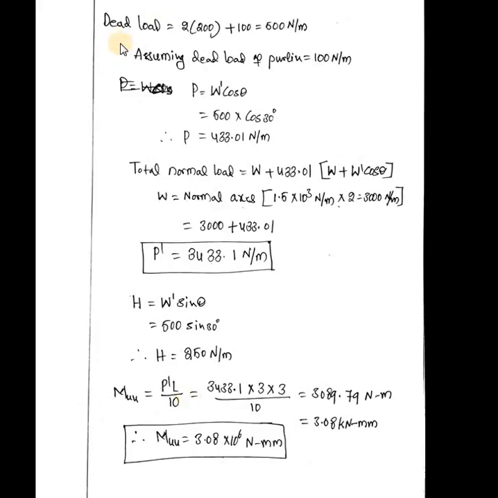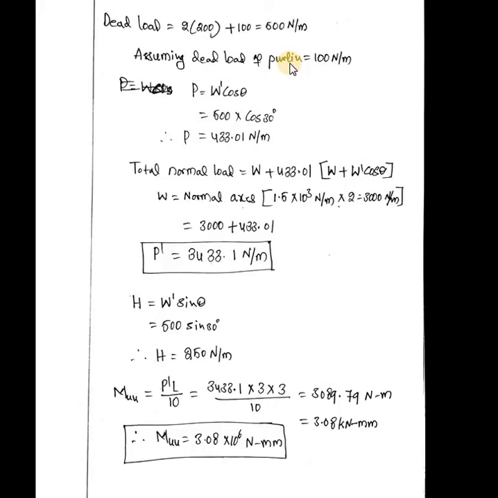Now coming to load calculation, we have to calculate the dead load. Dead load is equal to 2 times 200 plus 100, that is equal to 500 Newton per meter. Why? Because this 100 we are assuming, I already explained in the previous class, guidelines I have given, important note I have given.